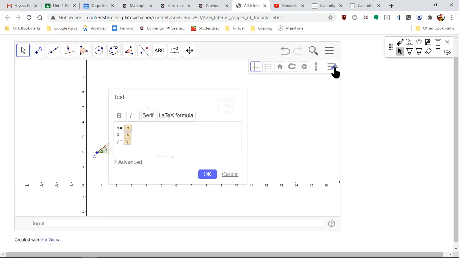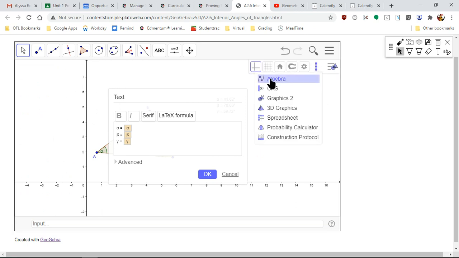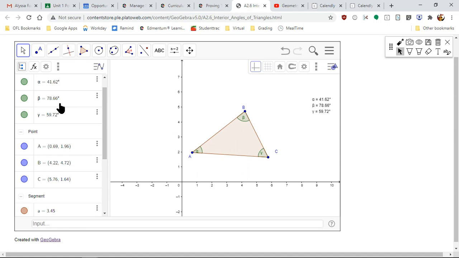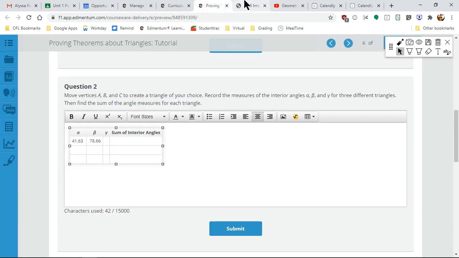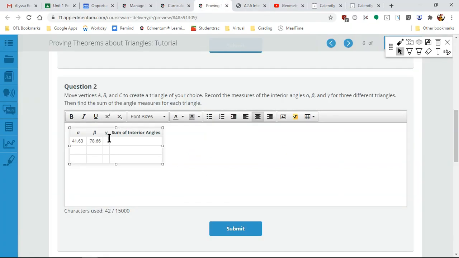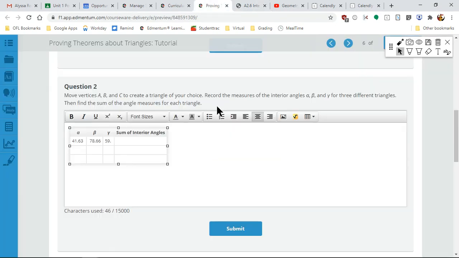What you would do is go into this, hit these little three dots and click algebra, and it shows you this. I like using this because it makes it a little easier to read some of the symbols. 78.66, I think I entered that one, and gamma is 59.66.